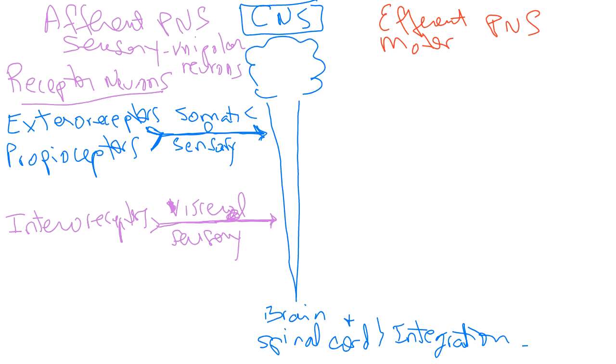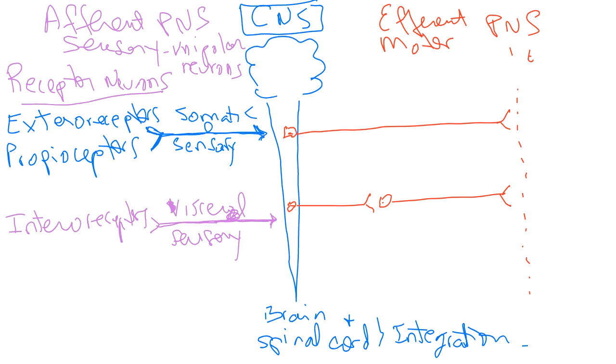Let's go for the efferent, and the efferent is a division that carries commands to effector organs. And those are not organs of the nervous system, they're going to be organs of other systems. But the nerves that carry these commands to these organs are part of the motor efferent division.